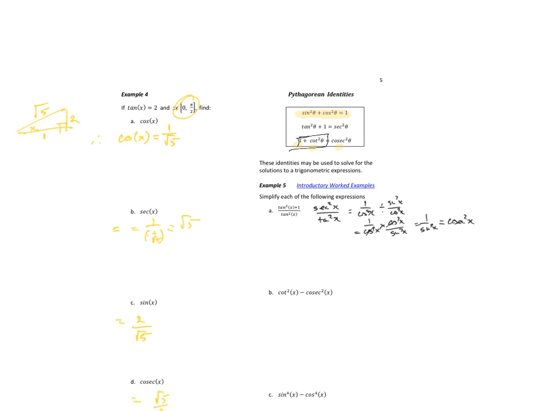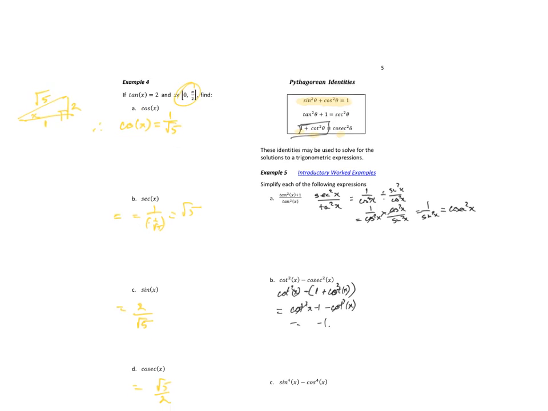So I get cot squared x minus cosec squared x, which is 1 plus cot squared x, equals cot squared x minus 1 minus cot squared x, which equals -1. So it actually works out rather nicely for us.